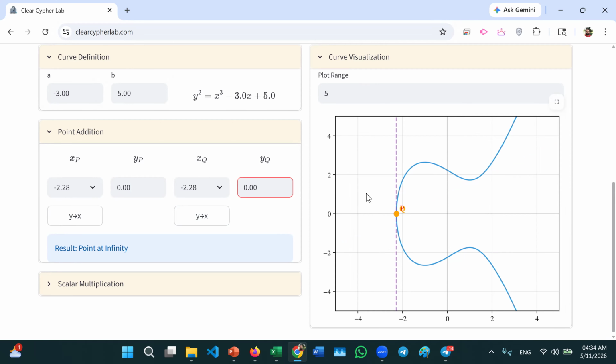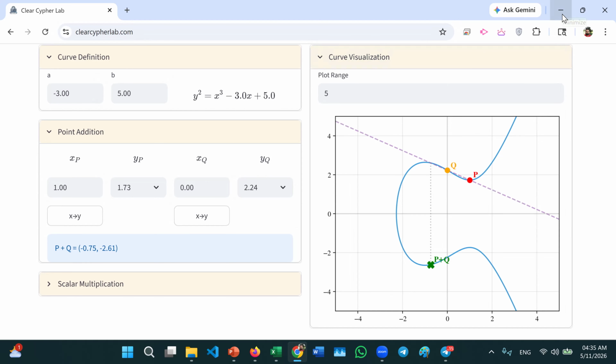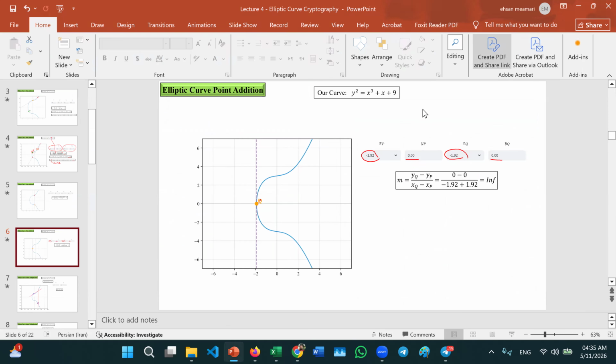You remember that when we had the values of P and Q on a vertical line, the vertical line never intersected the curve, but it was not a tangent line. But here it is a tangent line that does not intersect the curve, and again the addition equals infinity, right?